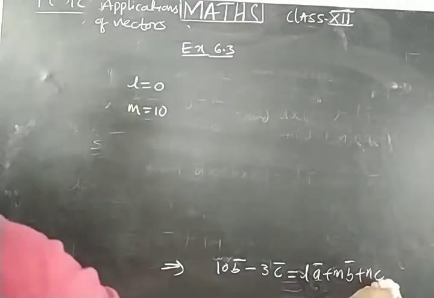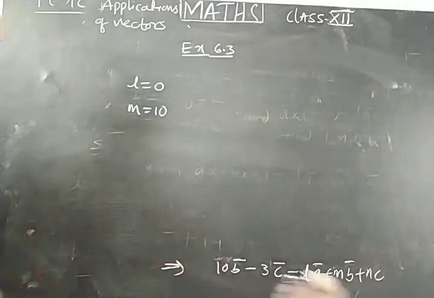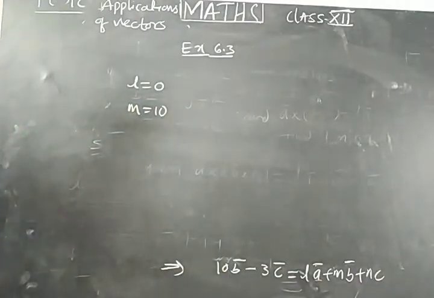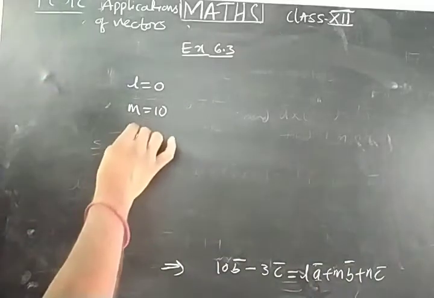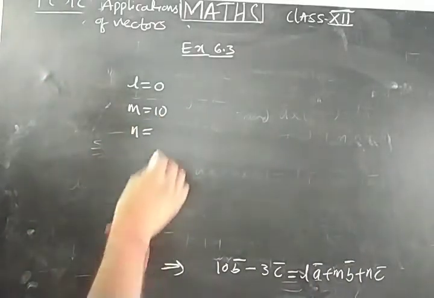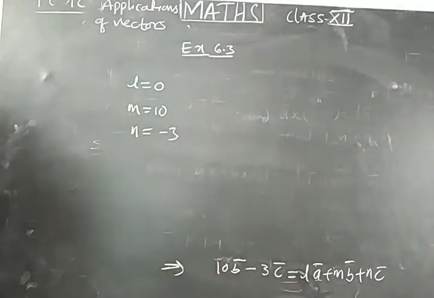And N is the coefficient of C bar, so N is minus 3. These are the values. Okay, now next problem.